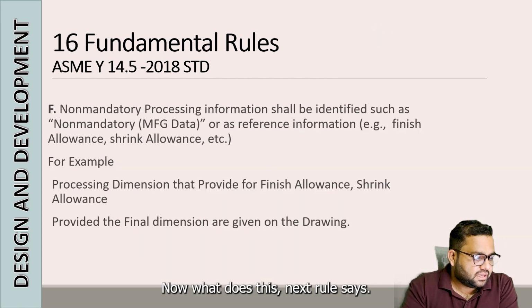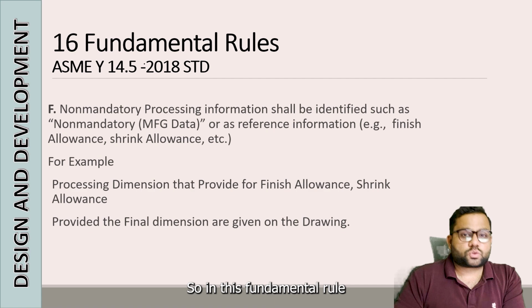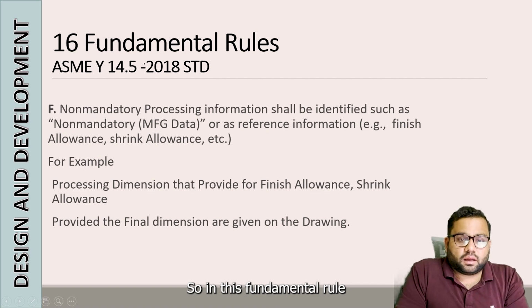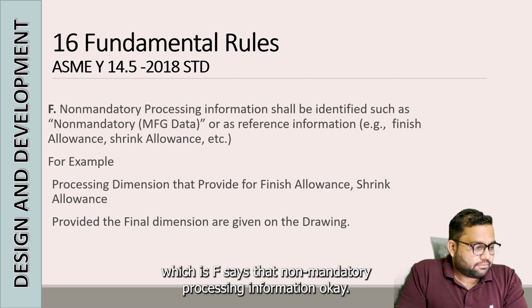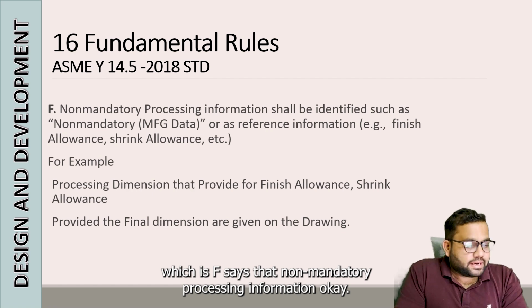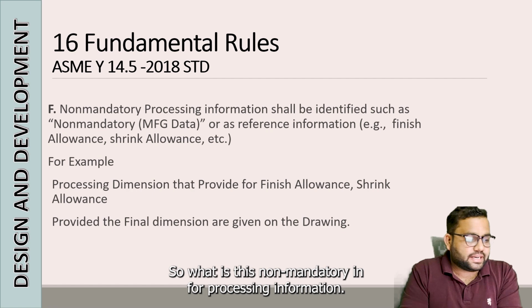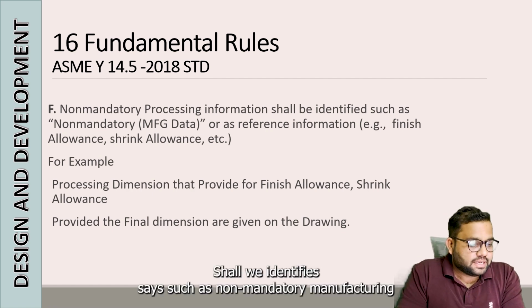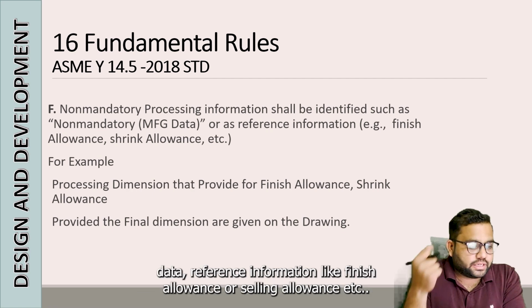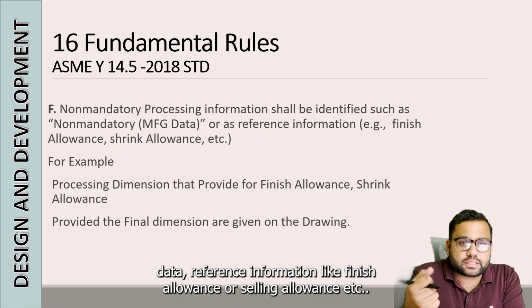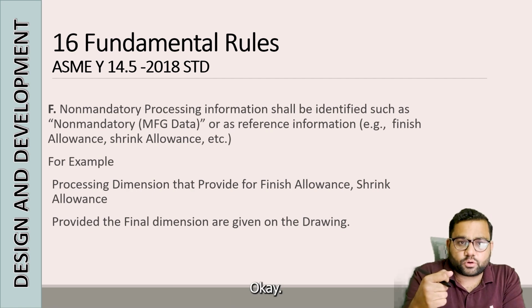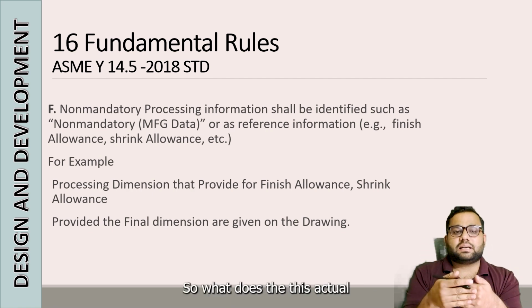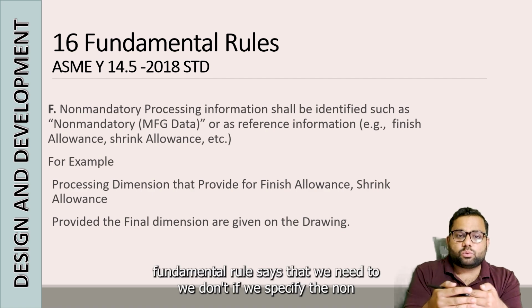Now, what does the next rule say? This fundamental rule, which is F, says that non-mandatory processing information shall be identified, such as non-mandatory manufacturing data or reference information like finish allowance or shrink allowance, etc. So what does this fundamental rule say?